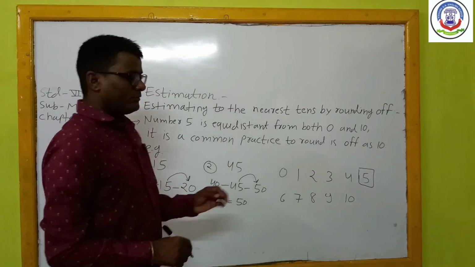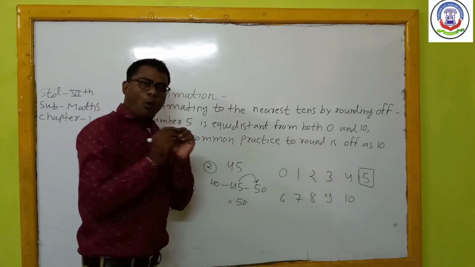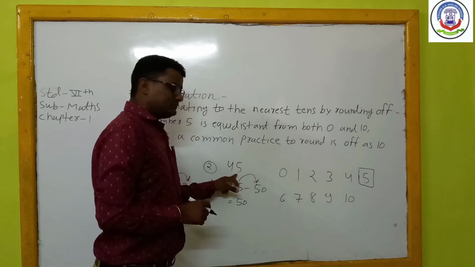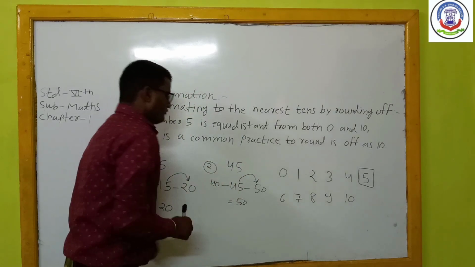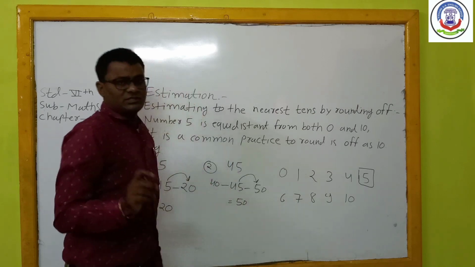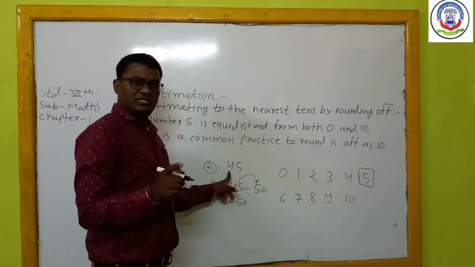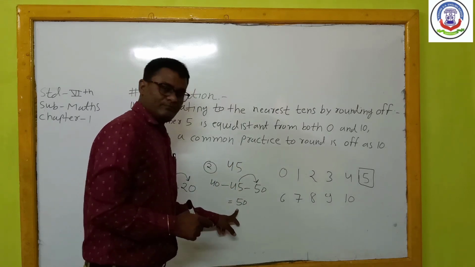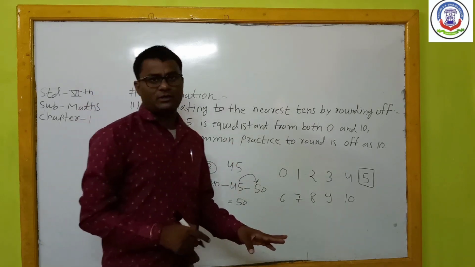Okay students, now another way: you can clearly see that the ones place digit of this number is 5, so we will round it off as 0 and add 1 to its tens place digit. We will add 1 to 4, it will become 5. This is the required rounded off number.